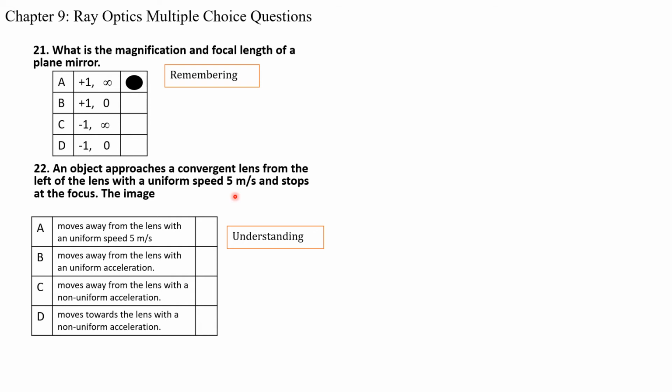So we have to select the correct answer. The correct answer is the image moves away from the lens with a non-uniform acceleration. So please lock option C. This also you have to understand and apply.